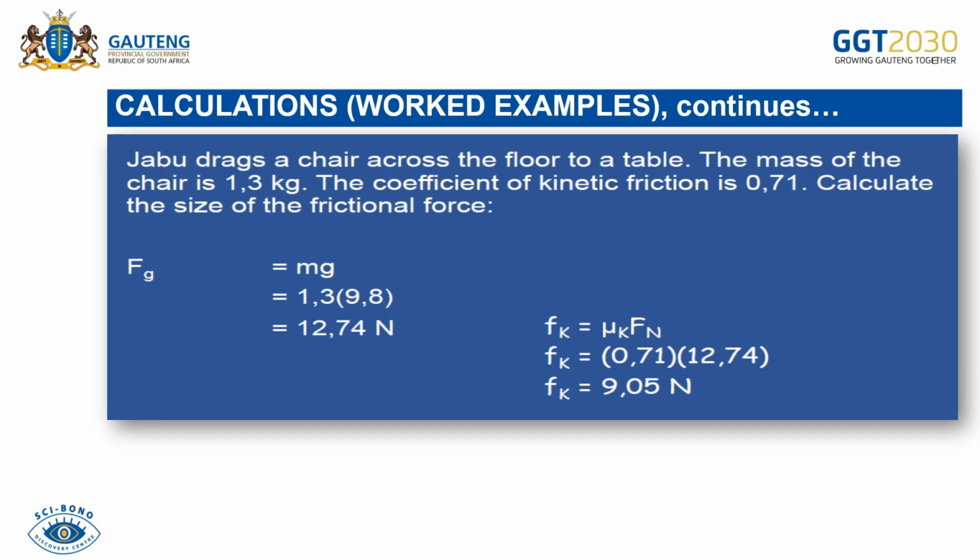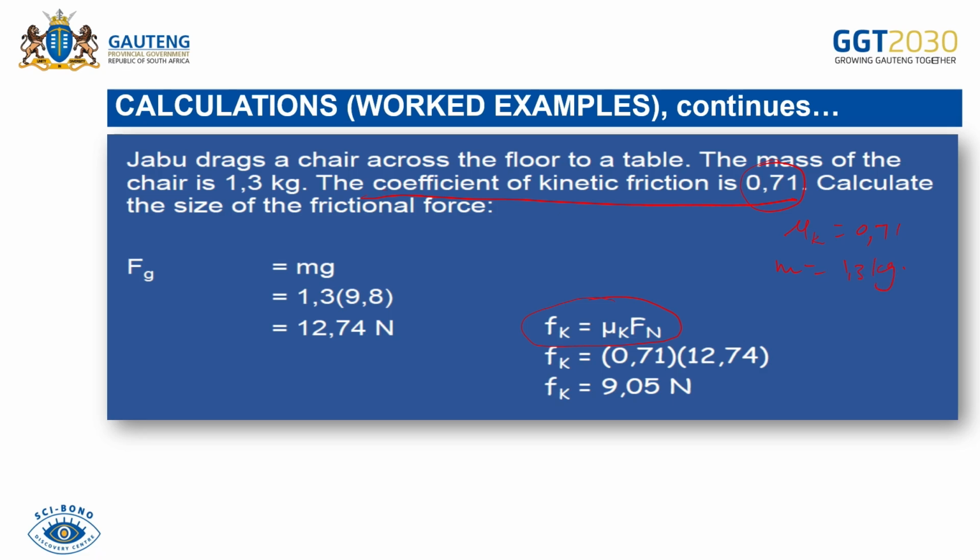The equation that we have is Fk equals mu k N, because they are looking for the kinetic frictional force, since we are given the coefficient of kinetic friction. What we need here is mu k, which is this. What else is given? It's the mass.